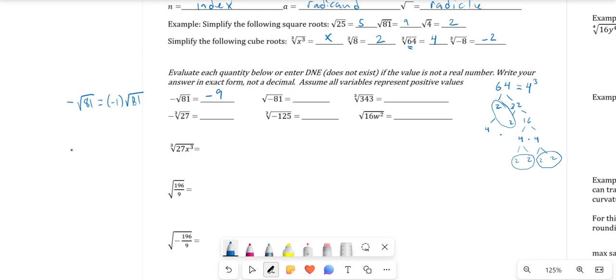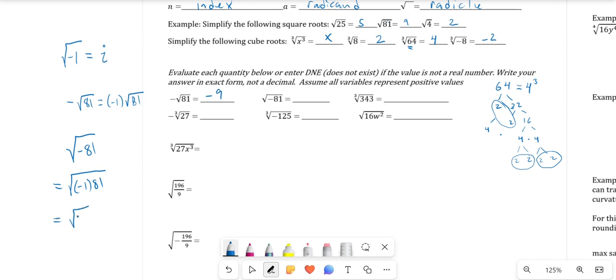Something we didn't talk about in the notes. What about an even radical, in this case a 2, of a negative number? So what we need to know is just this, that negative 1 has a symbol that we designate its square root, called i. And, if there's a negative number under something, that's really minus 1 times that thing.